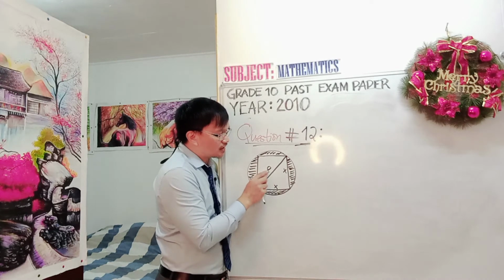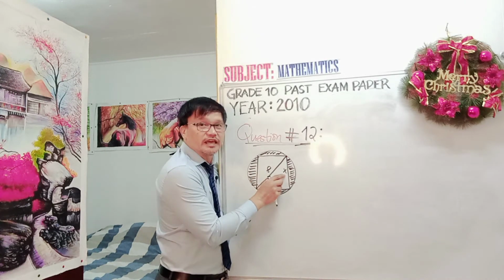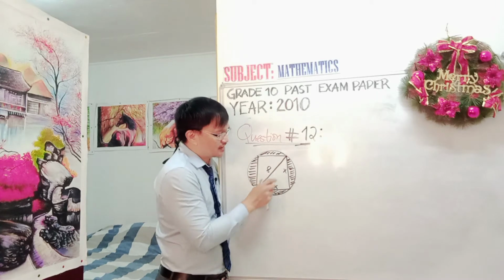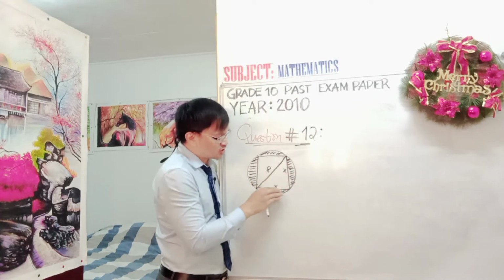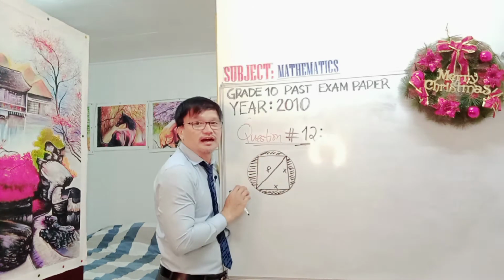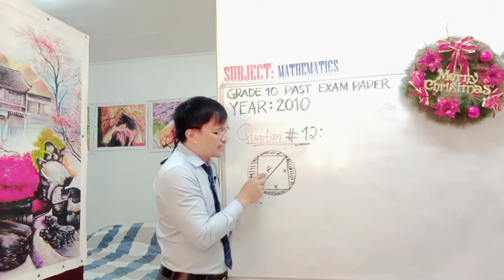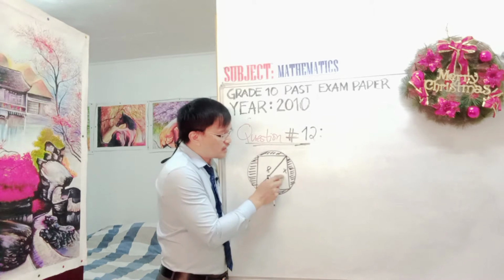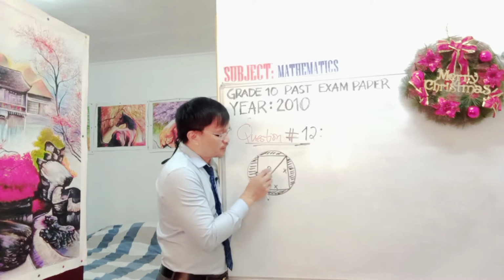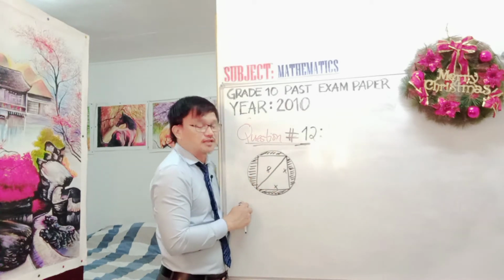You're going to start your working out here, before you touch what is being asked in the question. Always begin with the given quantity or value in the given diagram.